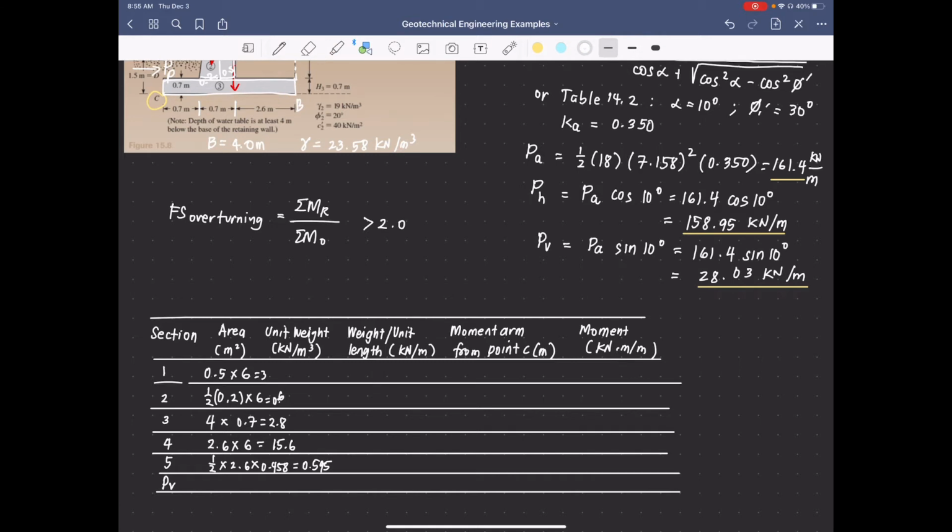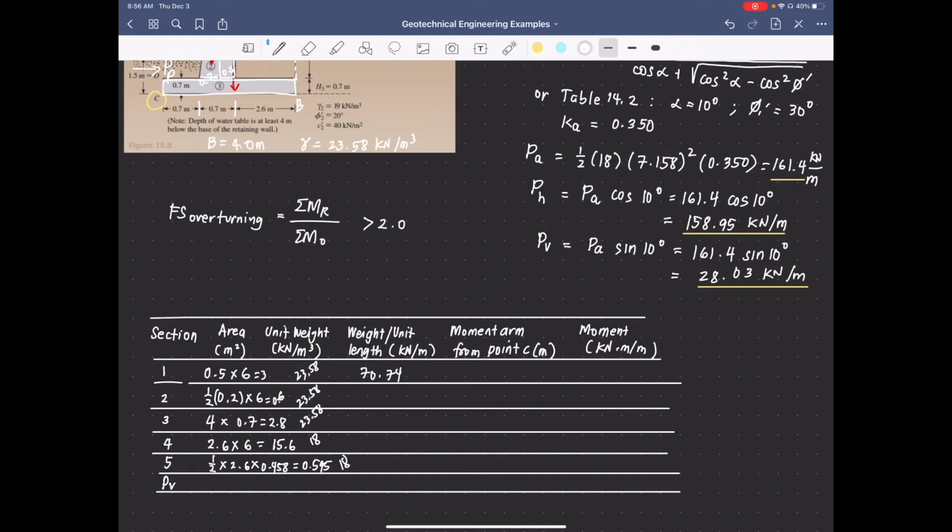Again, for the unit weight of concrete, let me just write here, 23.58. This is also 23.58. This is 23.58. This is 18. And let me write here 18 as the unit weight. So if we multiply 3 by 23.58, it will give us 70.74.